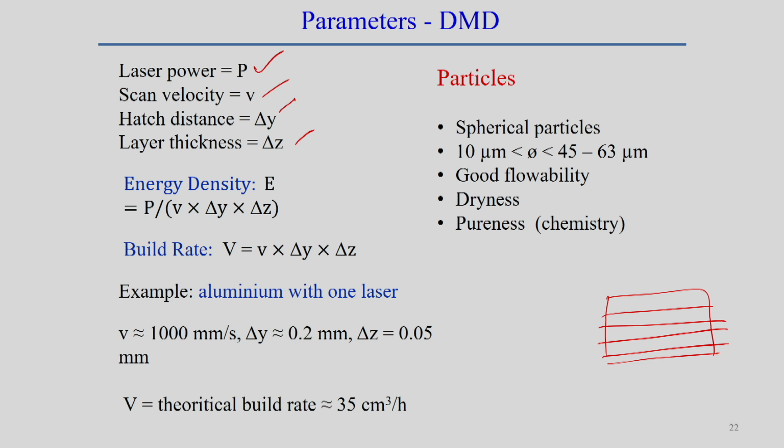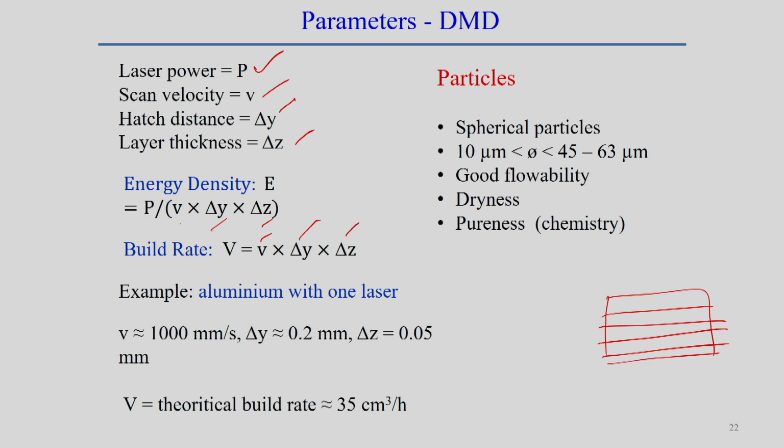Therefore, energy density can be estimated by E equal to P by V into delta y into delta z. That is a measure of the energy density. The build rate of this additive manufacturing technology can also be estimated from the velocity, delta y and delta z.